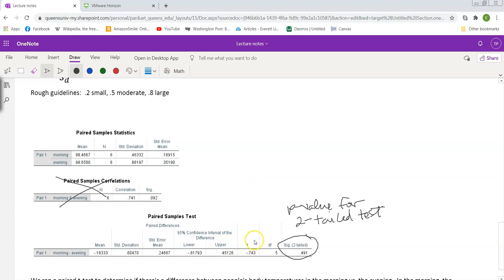Also important to us, there's our test statistic. And they also give us this mean here, which is x bar d, and then this standard deviation is s d.